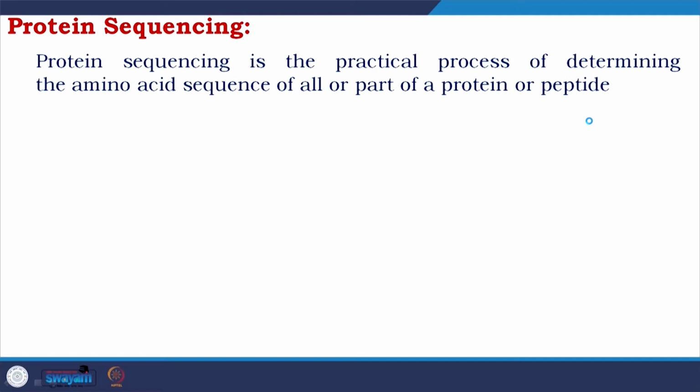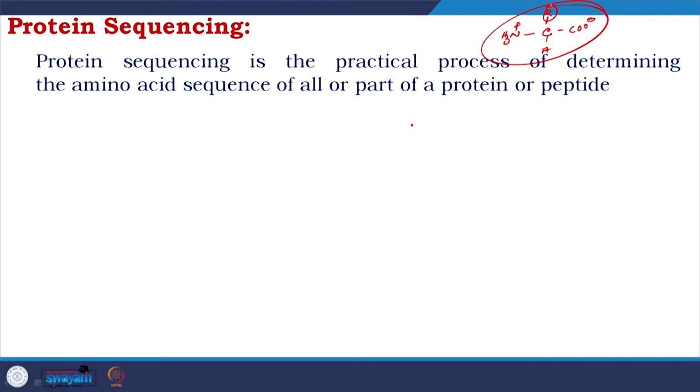Protein sequencing is the practical process of determining the amino acid sequence of all or part of a protein or peptide. Remember we talked about the amino acid, which has NH3 plus and COO minus with an R group on the top and hydrogen.